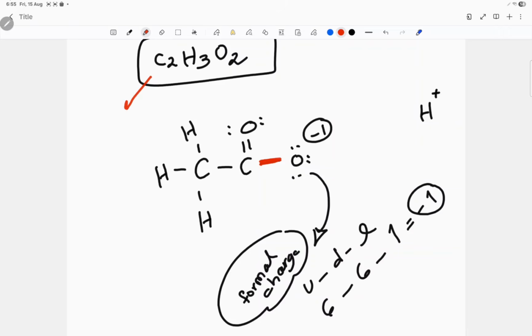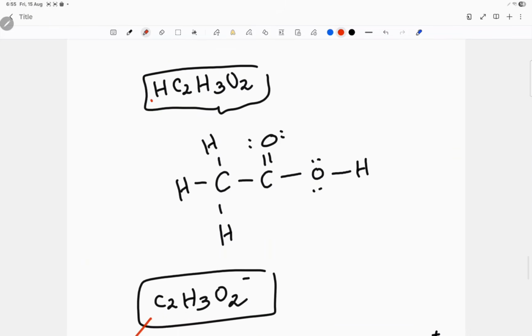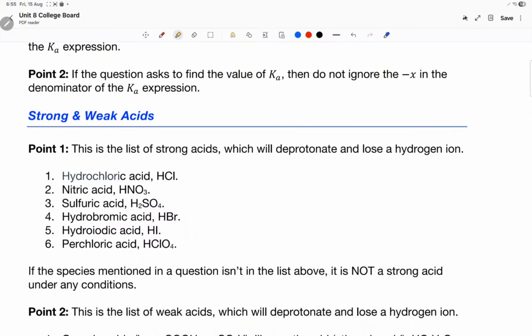This is called the conjugate base, by the way. So when the acid loses the H, it becomes negative. It's called the conjugate base. When the acid loses 1 H, it becomes a conjugate base. Are you supposed to know this is the acid in the first place? You were supposed to know that this is the acid. How? There is a list. In the document, it tells you the strong acids. There are 6 of them.